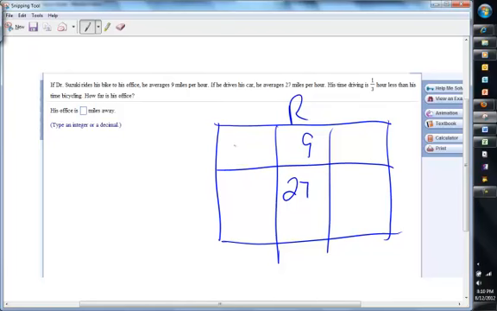So let's say this is t. This is t minus 1/3. Okay. Distance is right here. The distance is the same in both cases.